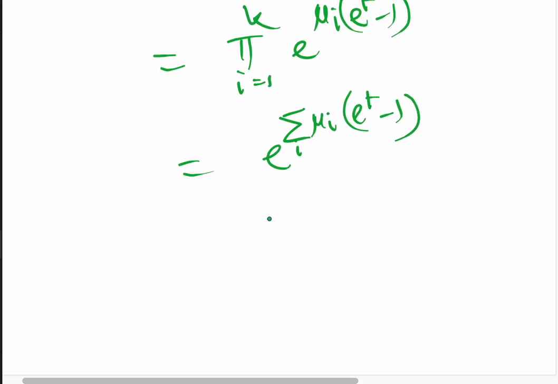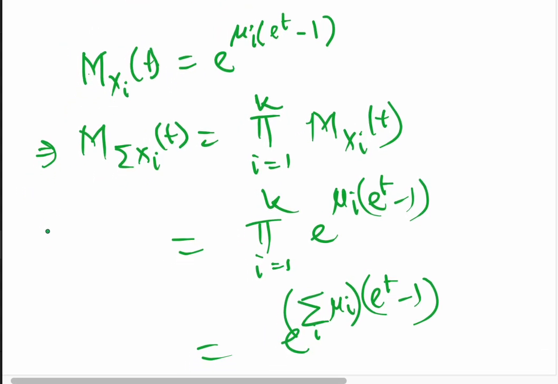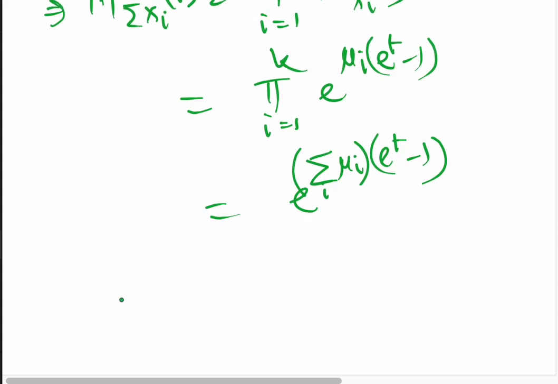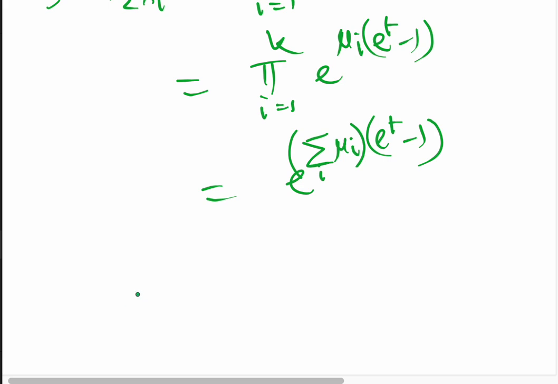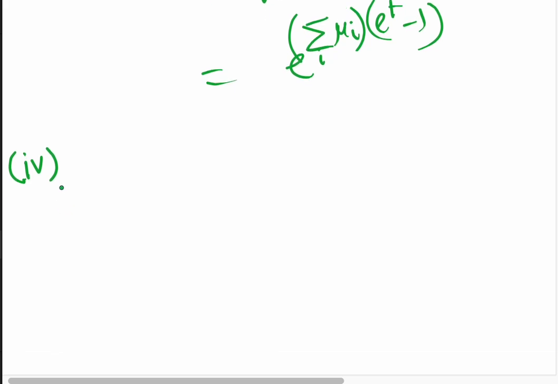So this is again a Poisson distribution with parameter sigma mu i. That means the third statement is true: if all k independent variables are Poisson, then the summation of those variables will again be a Poisson variate.